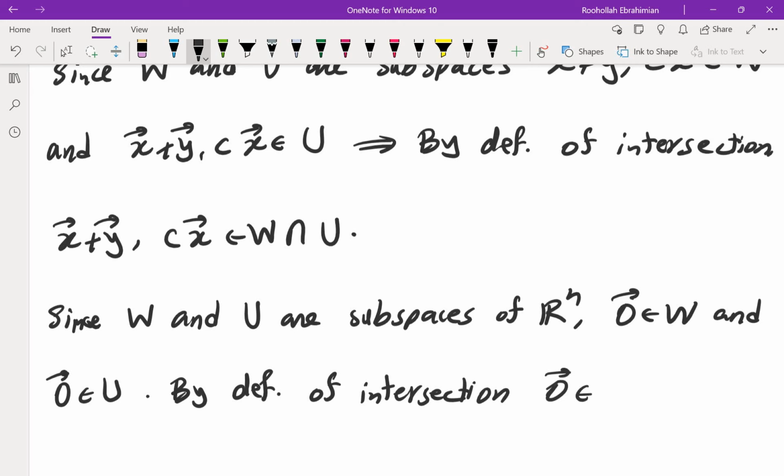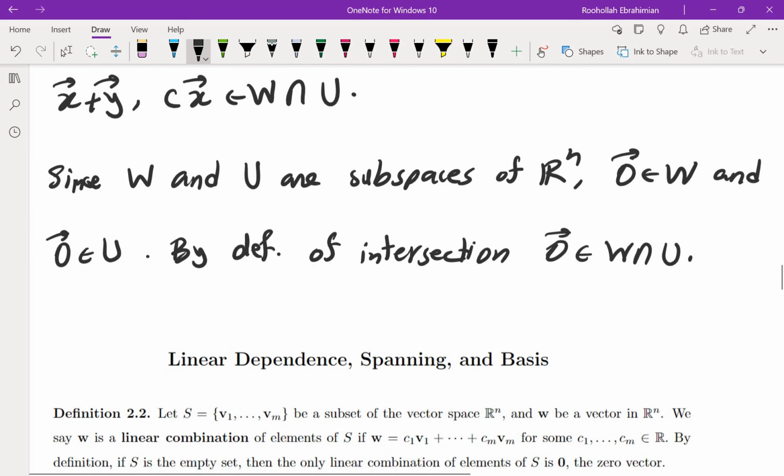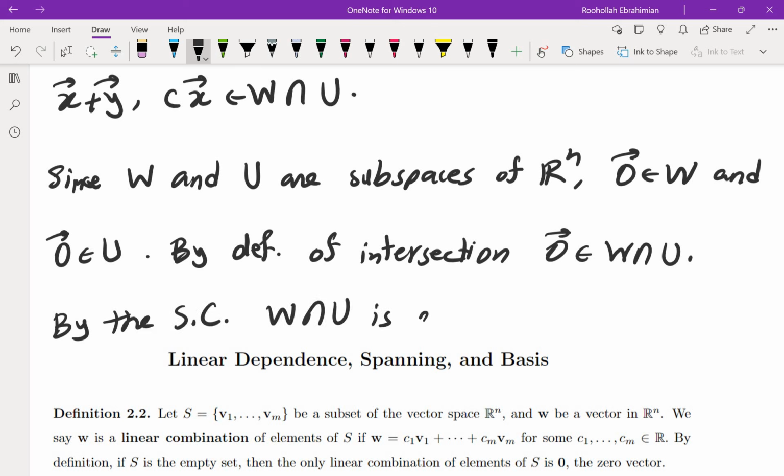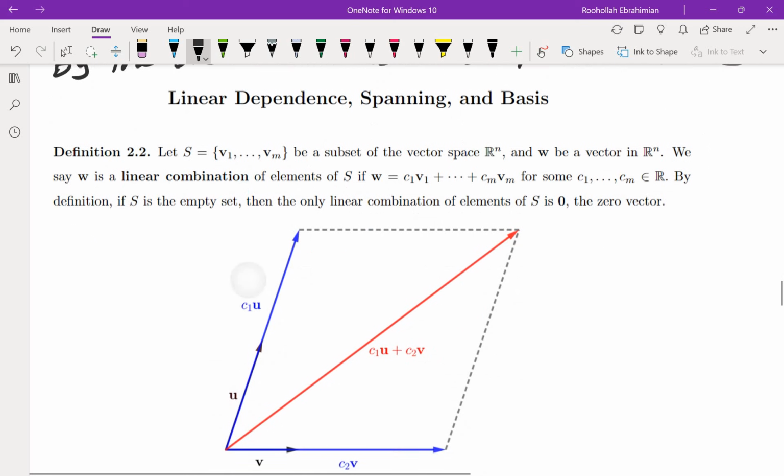So 0 is in W intersection U. So now we showed that 0 is in the intersection, and the intersection is closed under addition and scalar multiplication. So by the subspace criterion, we are done. W intersection U is a subspace. Okay, so this completes the proof of this problem.